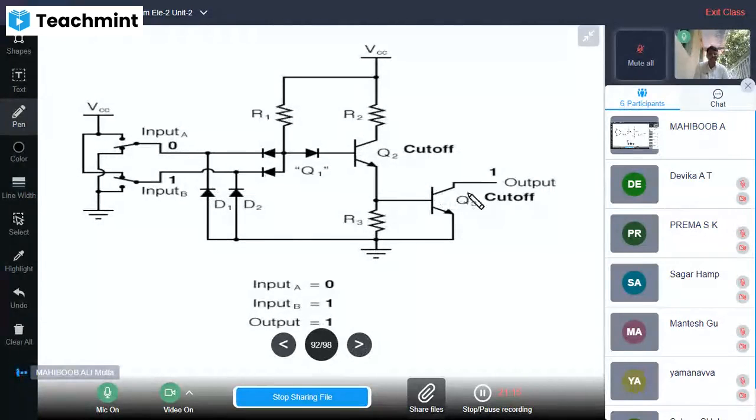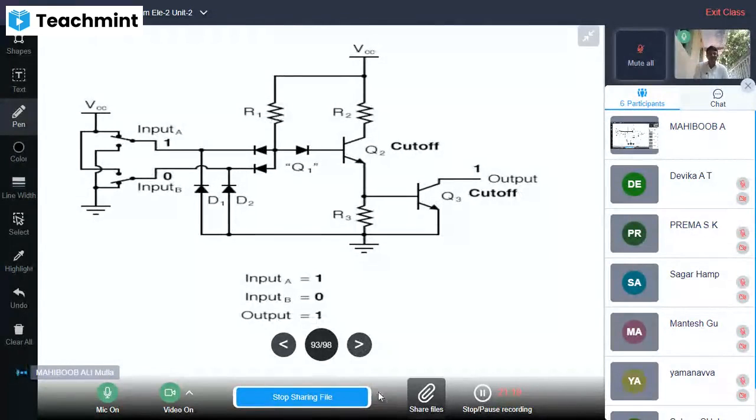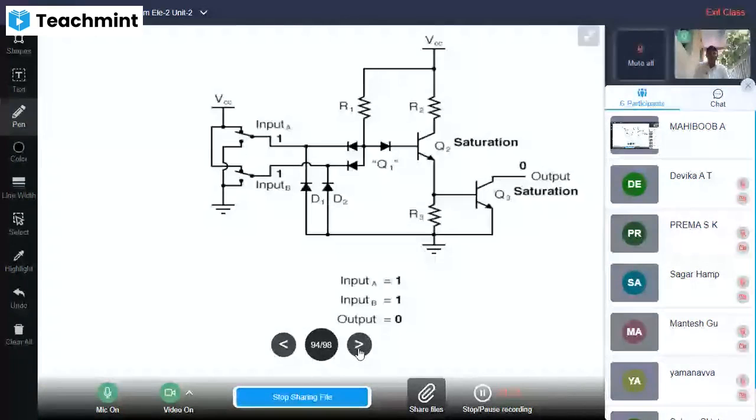When 0, 1, cut off. 1, 0, cut off. When 1, 1, it is in saturation. Only two inputs are there. Output is low only when all the inputs are high.